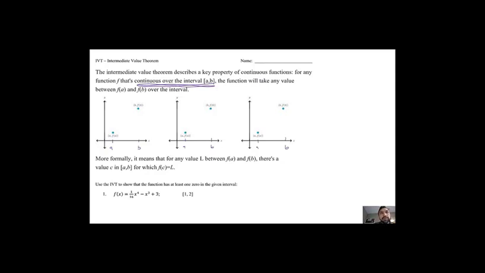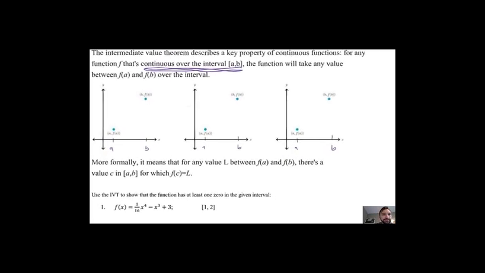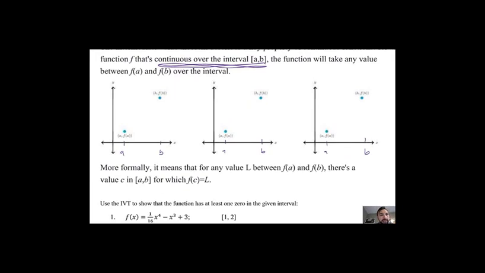So remember, f of a would just be the y value at the x value of a, and f of b would be the y value at the x value of b. So notice all these points: point a, f of a, b, f of b.